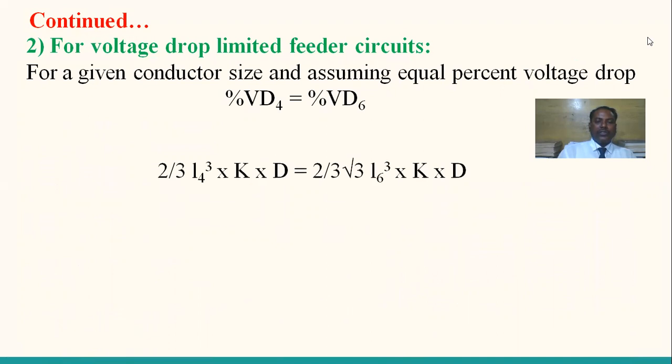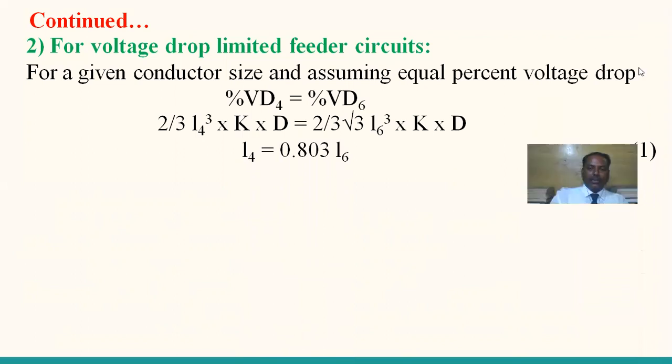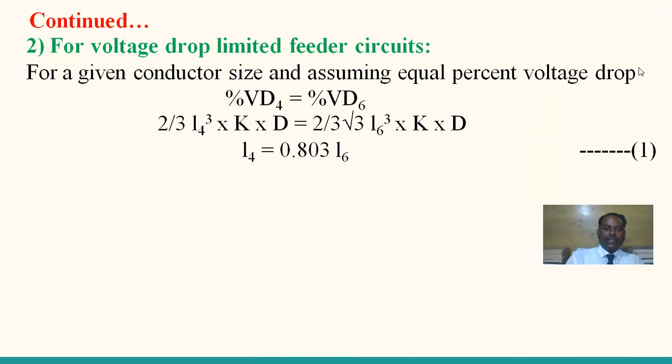So substituting the voltage drop equations, 2 by 3 L4 cube into K into D is equal to 2 by 3 root 3 into L6 cube into K into D. So many parameters are cancelled here, and we are having L4 in terms of L6. So therefore, L4 is equal to 0.803 L6. This is equation number 1.